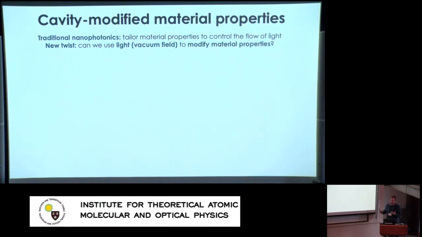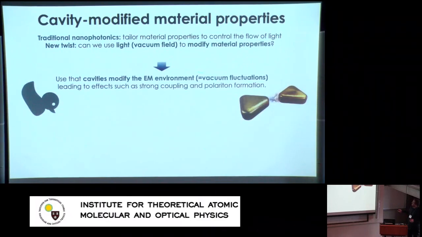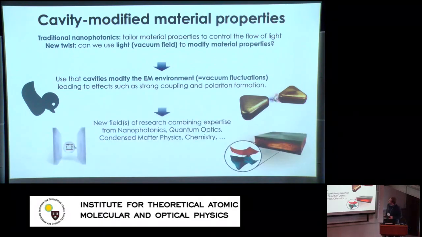We want to use light, or actually vacuum modes, to control or modify material properties. We have cavities that modify the electromagnetic environment, like the duck cavity that Mohammed introduced. And we know that these can lead to effects such as strong coupling and polariton formation.